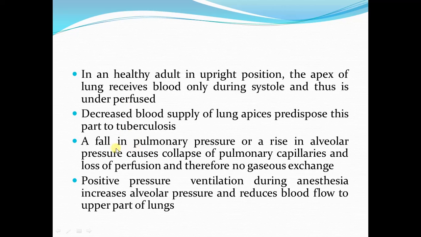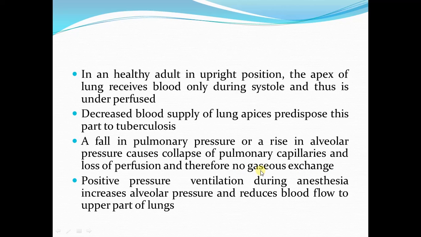We have already discussed that zone 1 blood flow occurs when there is a fall in the pulmonary pressure because of hemorrhage, or there is a rise in the alveolar pressure due to positive pressure ventilation. When zone 1 blood flow is present, there is no gaseous exchange because there is no blood flowing through that part of the lung which can gain oxygen.